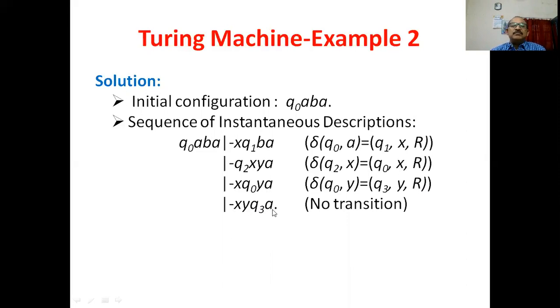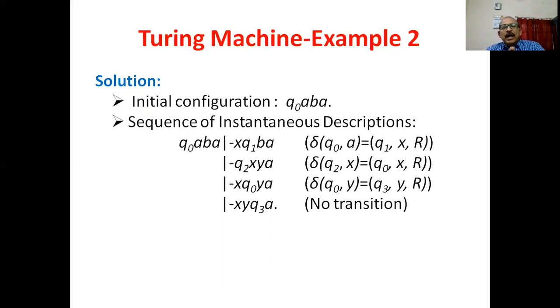It means that the machine will crash. If there is no transition, the machine will halt.